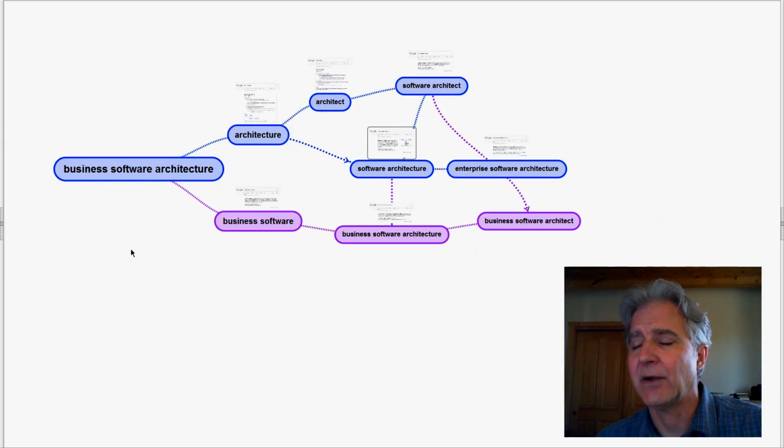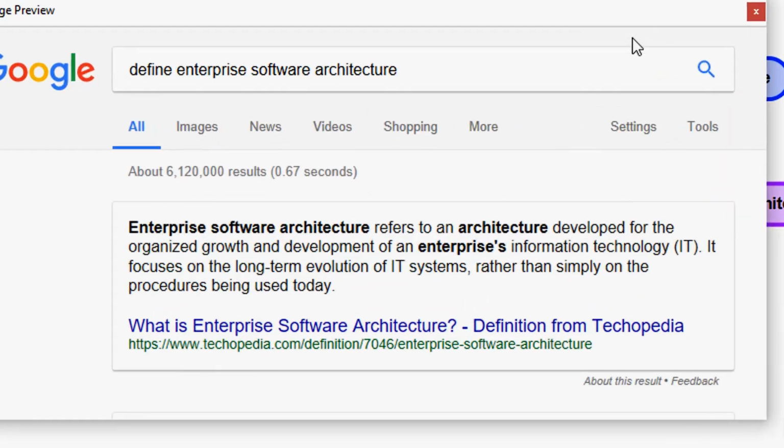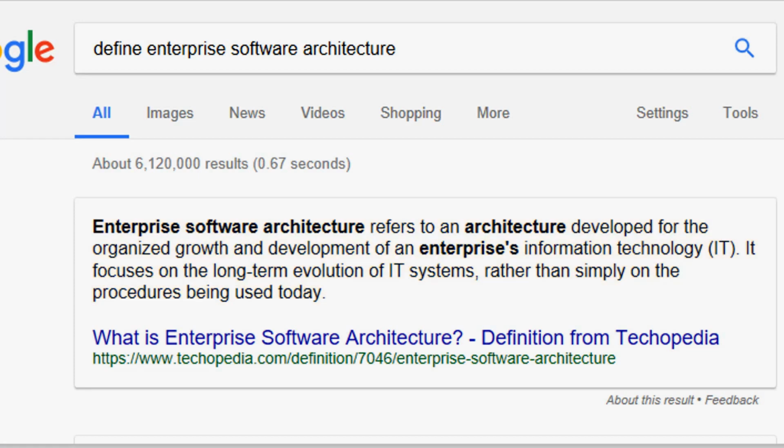All right. Now, business software, a lot of businesses are enterprises, so I thought, what the heck? I'll search for the definition of enterprise software architecture. And what I got back was this. Enterprise software architecture refers to an architecture developed for the organized growth and development of an enterprise information technology. It focuses on the long-term evolution of IT systems. Okay, I understand that.